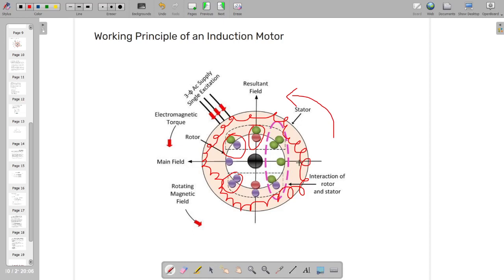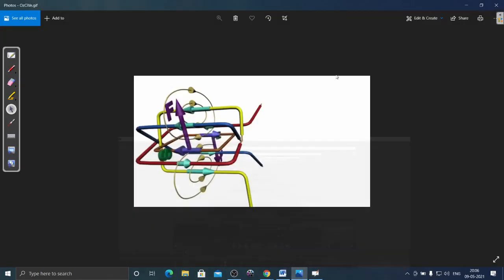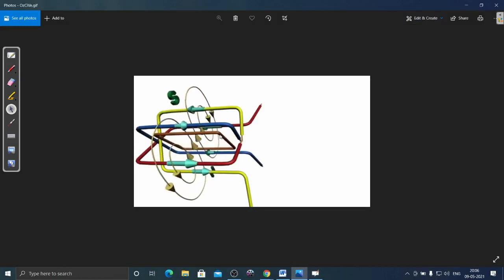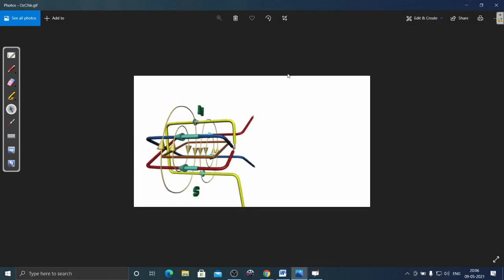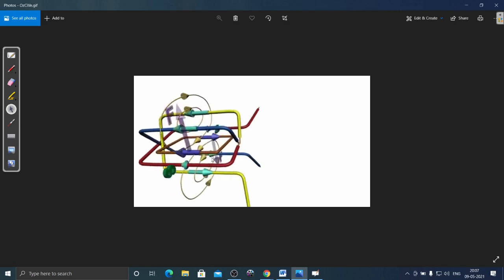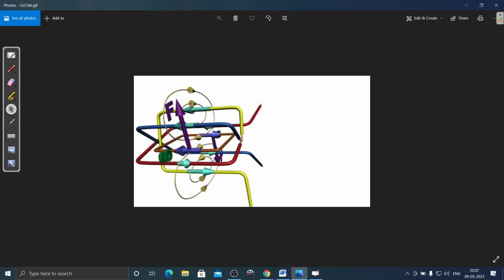The relative motion between the rotating magnetic field and the rotor conductor induces current. As the current flows through the conductor, flux is induced in it, and the direction of the rotor flux is the same as that of the rotor current.